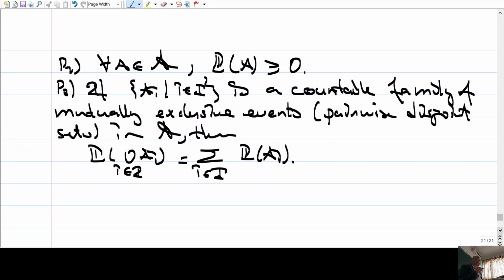So a probability measure is just a measure whose total mass is equal to 1.